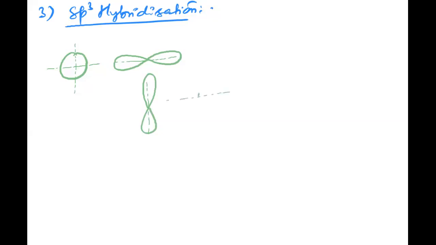In the case of sp3 hybridization, this may be, let's say, one of the s orbital. Same, this may be another p orbital here. This may be px, suppose here it may be py, and this may be, suppose, pz.